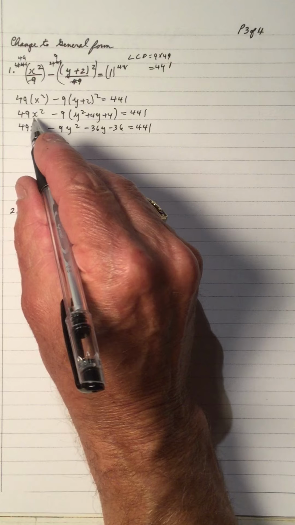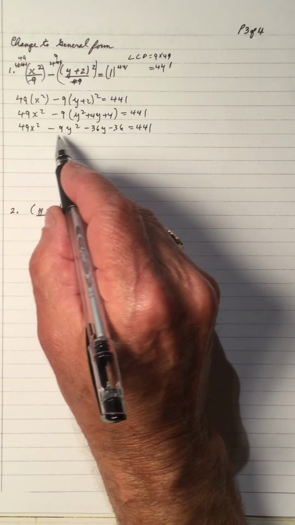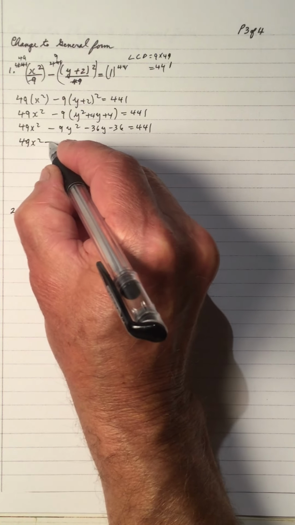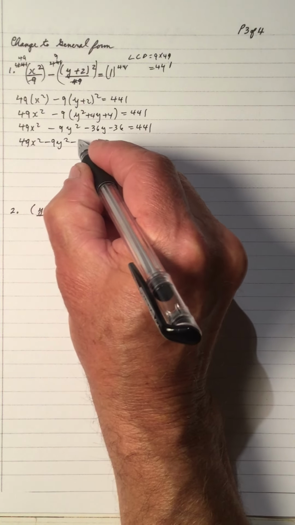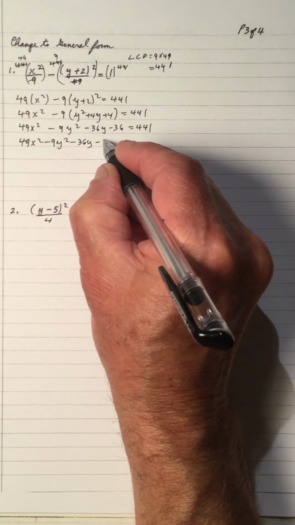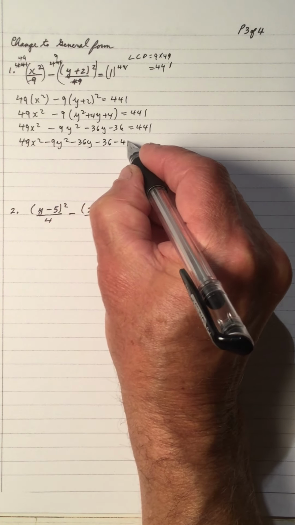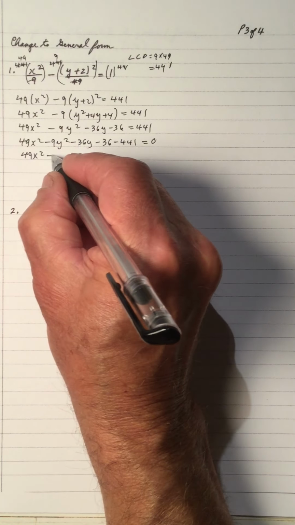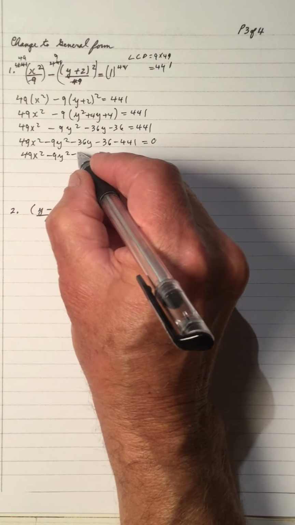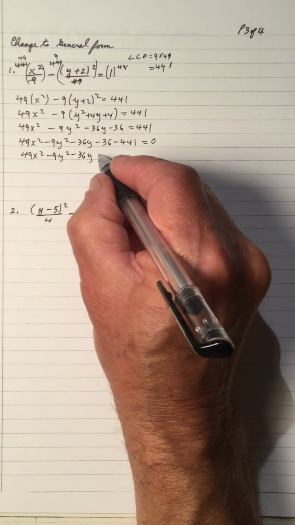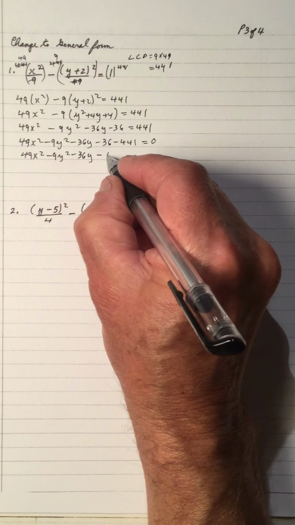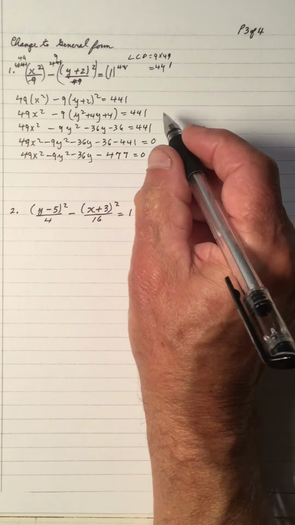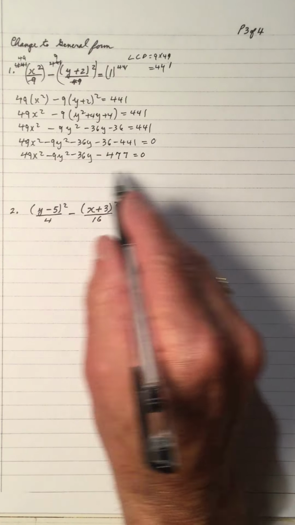Notice because the x is a 0, there's no x term, so the order is 49x squared minus 9y squared minus 36y minus 36 minus 441 equals 0. So we got 49x squared minus 9y squared minus 36y, and that's a minus 36, and that is negative 477, and that's your general form.